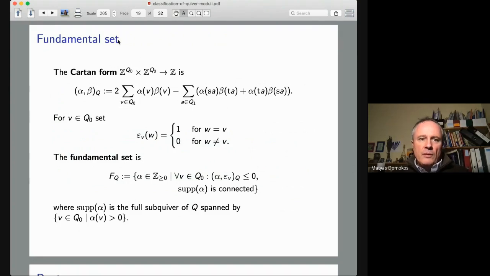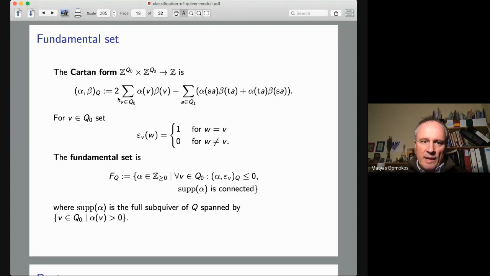So first of all, the Cartan form. It's a bilinear form associated to the quiver Q, whose value on a pair of dimension vectors is given by this formula.